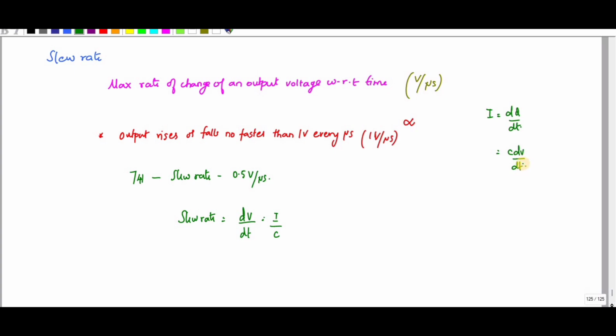I represent this as I max, which is 15 microampere divided by 30 picofarad, giving 0.5 volt per microsecond. This I is the current furnished by the internal circuit, and C is the compensation capacitor.